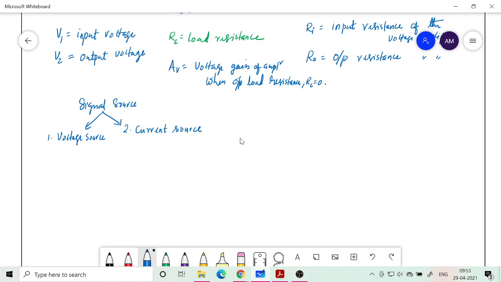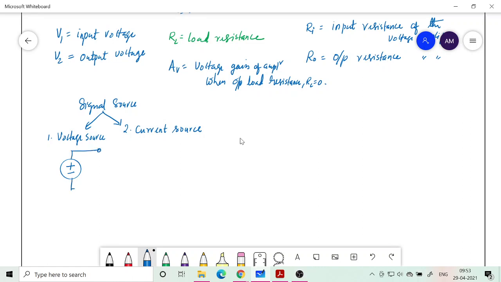And one of the properties of an ideal voltage source, that means the voltage source at its best: an ideal voltage source doesn't exist in practice, but every component, when we talk about it, we always compare it with the ideal version of it. So an ideal voltage source is represented by a symbol like this.